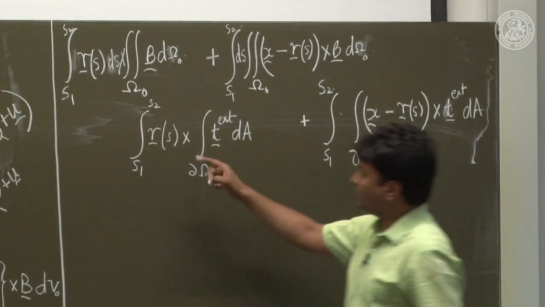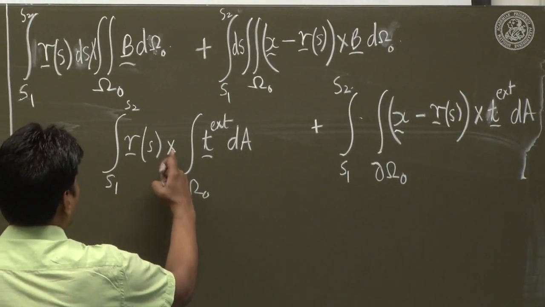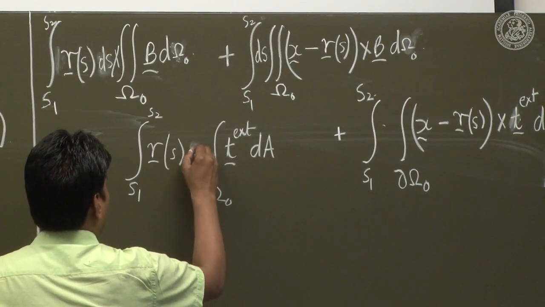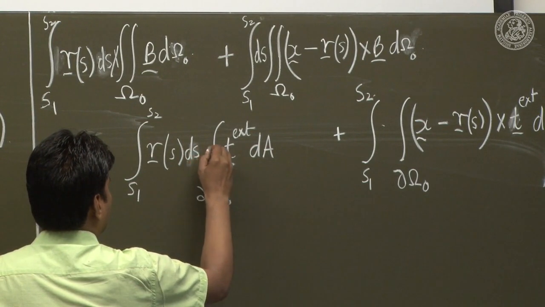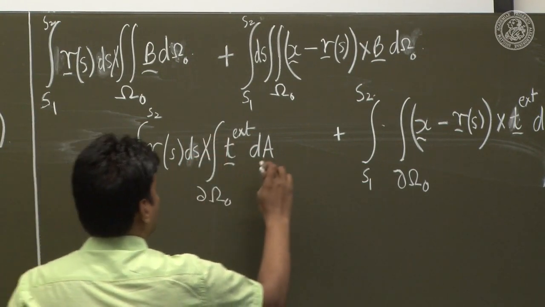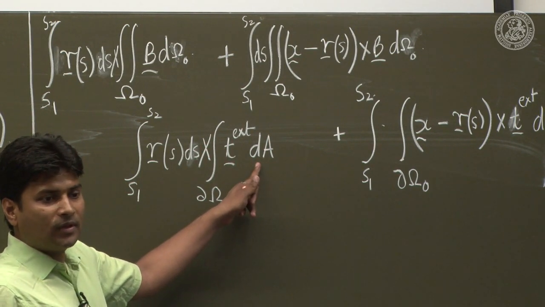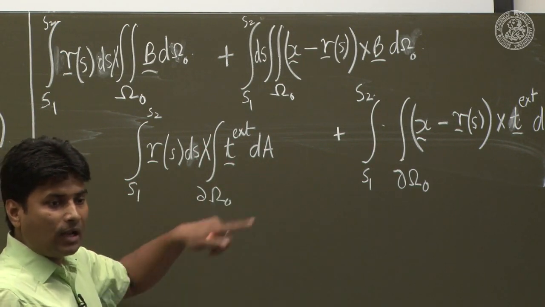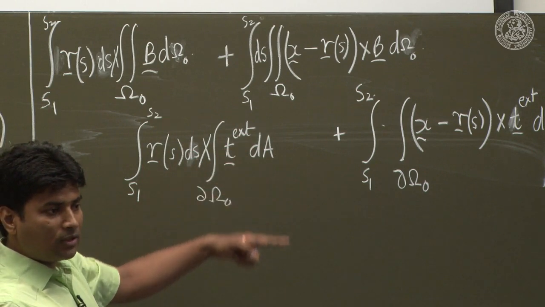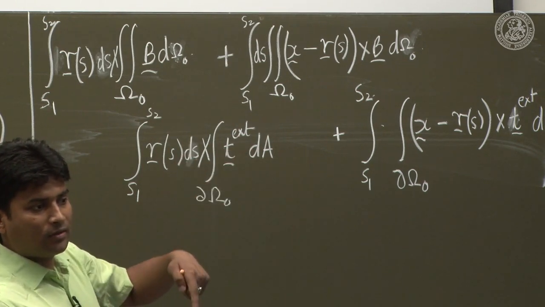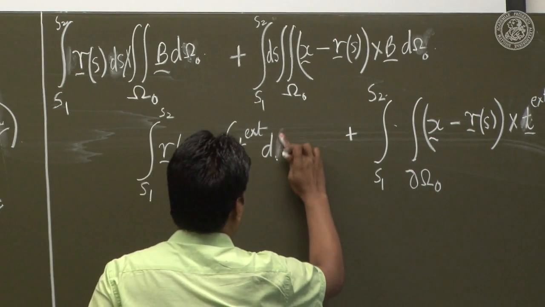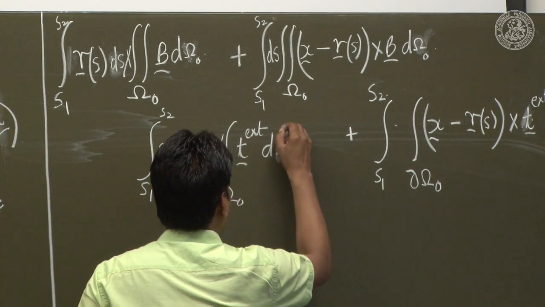We do the same thing over here. So this becomes rs ds cross, and now you see what is this going to become? dl, integration over the peripheral line, dl.